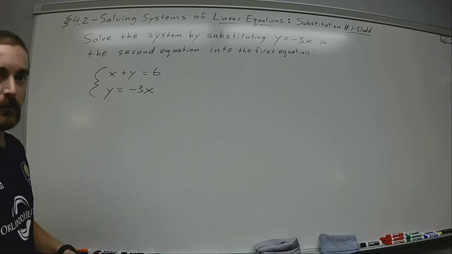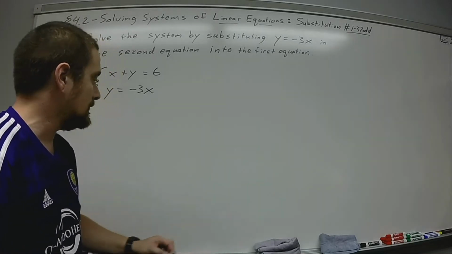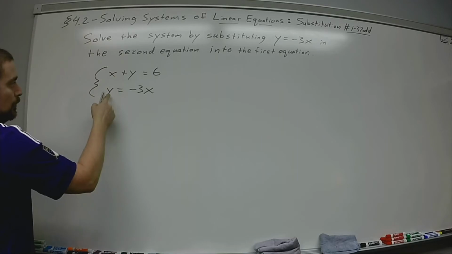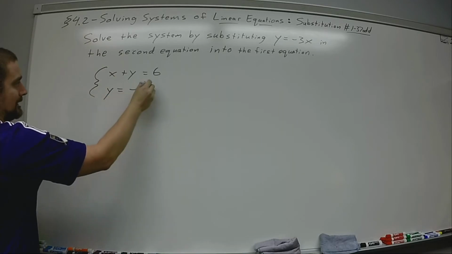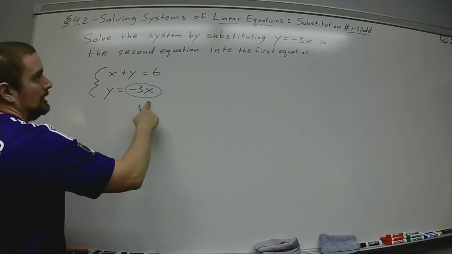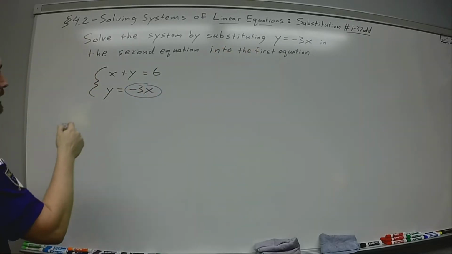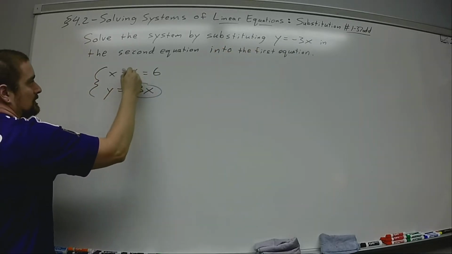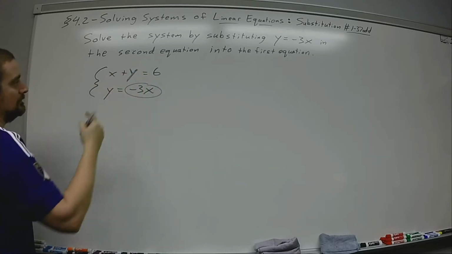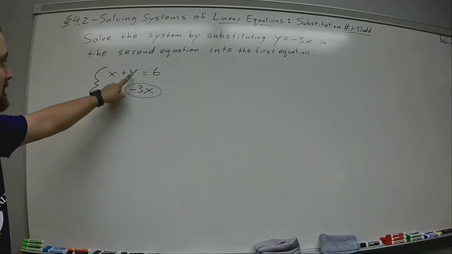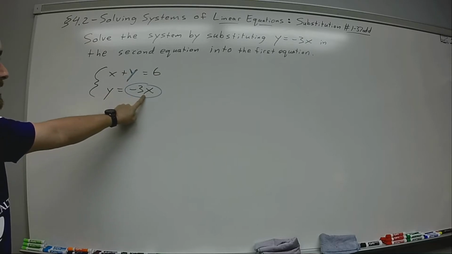This is how we go about substituting something in. We know what y is. Y is exactly negative 3x. So we're taking that substitution from the second equation and looking at the first equation and saying, why do I have two different variables in the first equation when I know what y is in terms of x?